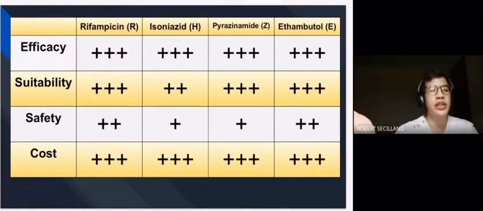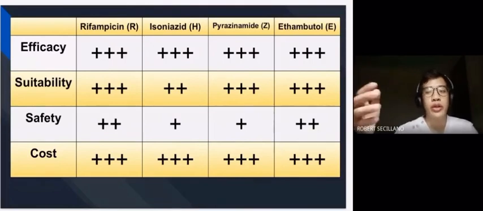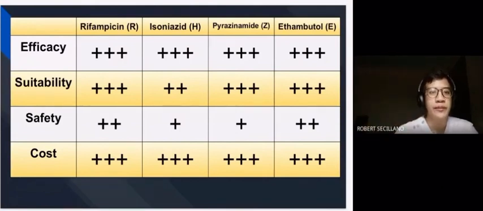Also, it is related to pyridoxine depletion, so we will give a supplement of vitamin B6. There are also isolated reports of interaction with ACE inhibitors. Also, isoniazid antagonizes sulfonylureas, causing worsening of glycemic control. That's why I only placed 1 plus for isoniazid safety.